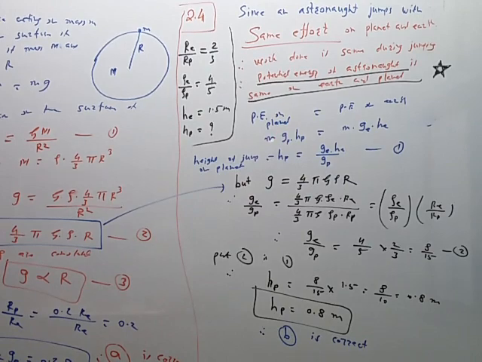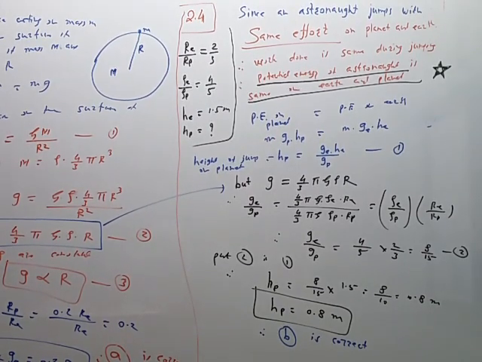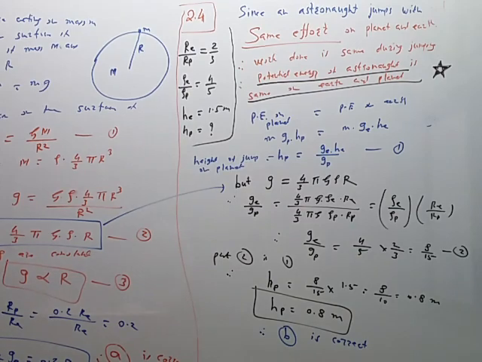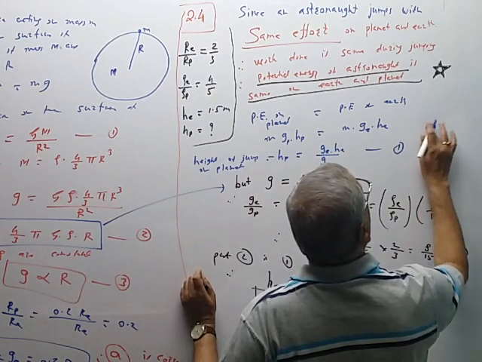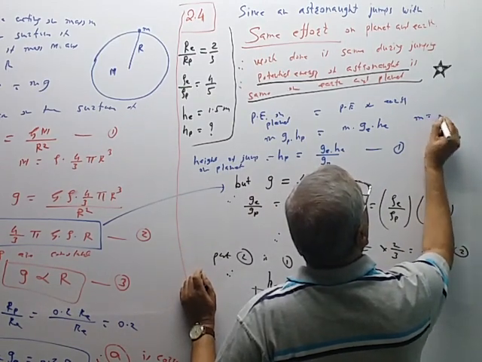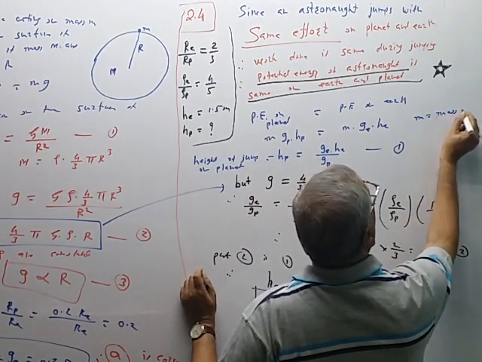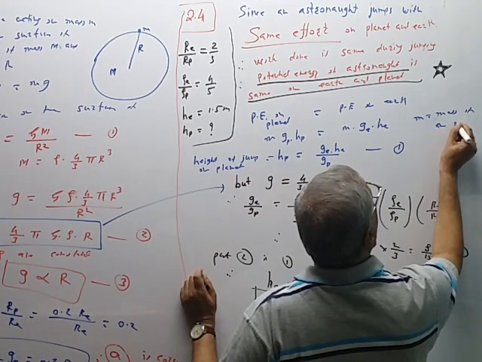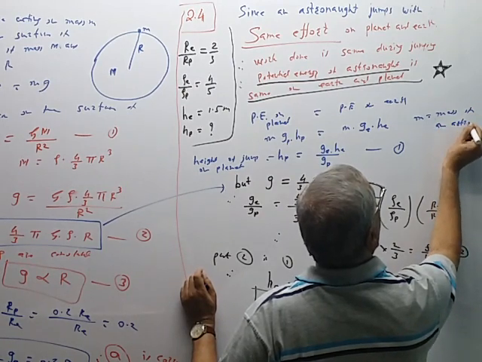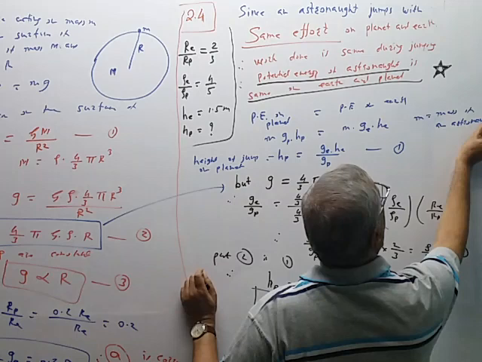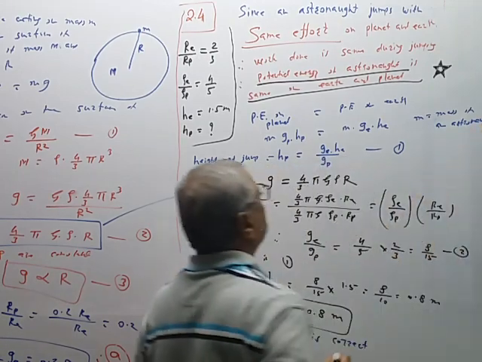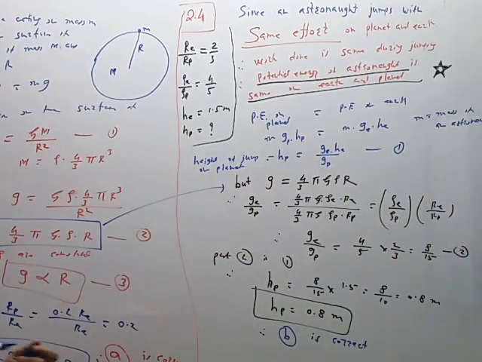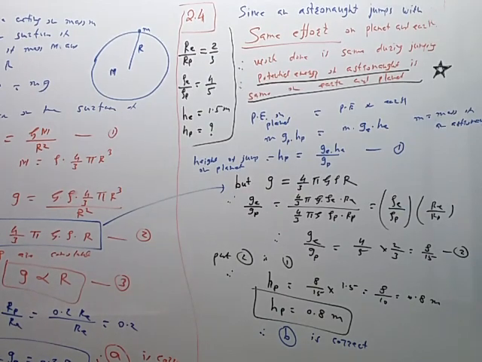This potential energy is given by mgh, where m is the mass of the astronaut, so it will get cancelled. So in this equation, why does m get cancelled? Because the astronaut is the same. m is equal to mass of an astronaut.